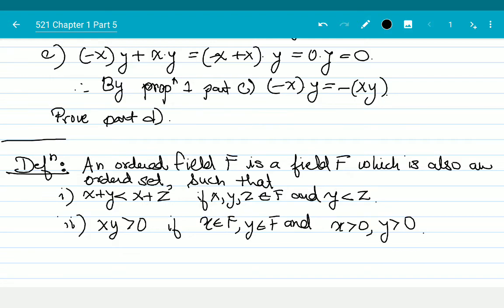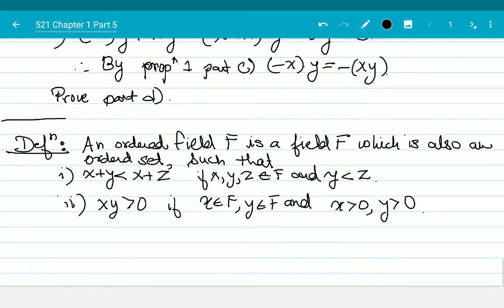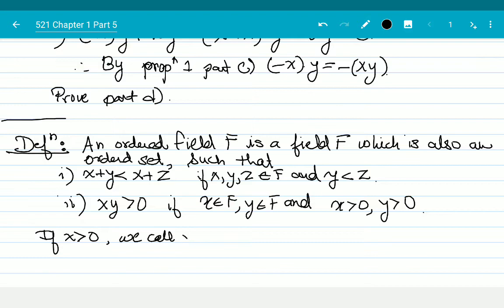We are going to give it some sort of idea of what it means for something to be positive, what it means for something to be negative, and the product of positive numbers should be positive. In fact, if x is greater than 0, we call x positive. If x is smaller than 0, then x is negative.